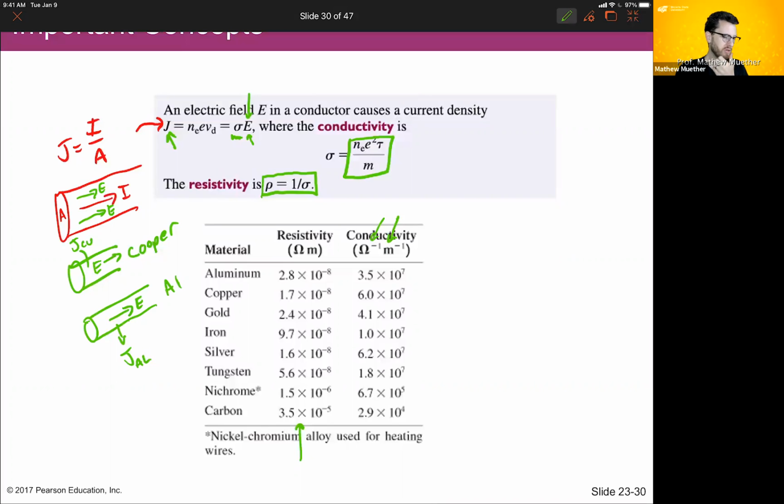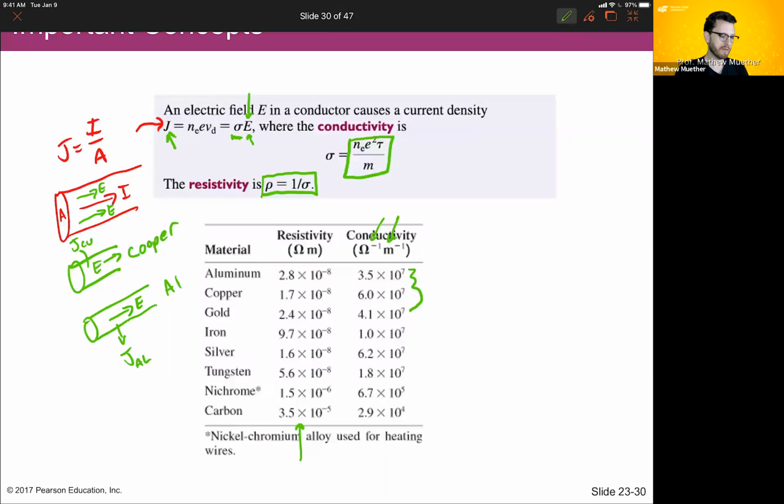Okay. Here's a list of resistivities and conductivities for some standard materials. The things that we think of as good conductors, like aluminum, copper and gold, we like to use in electrical circuits because of their high conductivity. You can see their conductivity is something like a few 10 to the 7th inverse ohm meters.